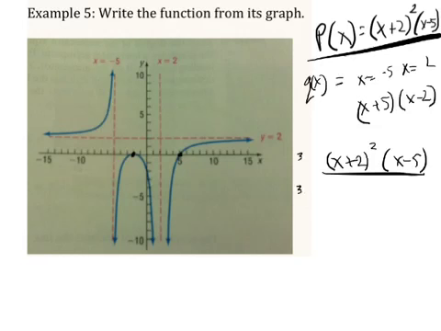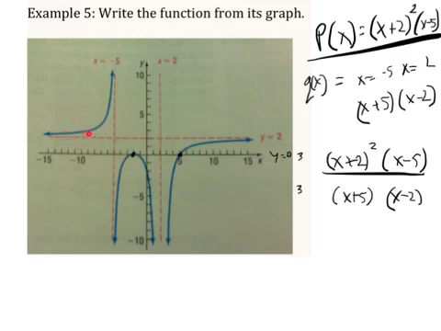So the power on the bottom has to be 3 as well, because if I have a horizontal asymptote at somewhere other than y equals 0, then they had to be the same power. And right now I've only got x plus 5 and x minus 2 on the bottom. So one of these is going to have to be squared. And so the question is, which one? Well, we look at the way that our f of x approaches from the left and from the right. You can see here, as we approach -5 from the right, we shoot down to -infinity.